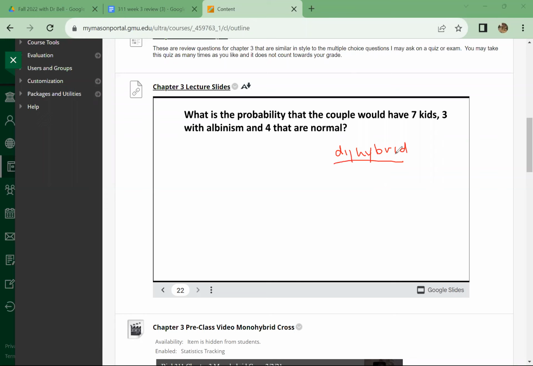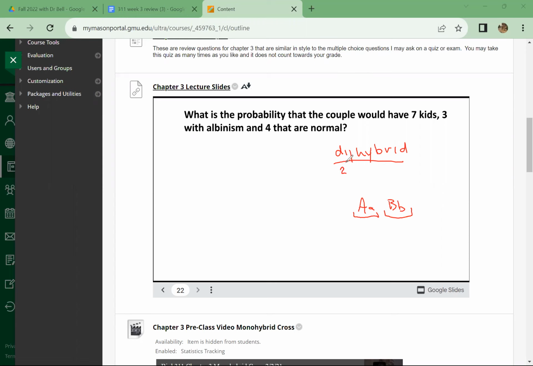So a dihybrid refers to, you know, hybrid, two different things like a heterozygote. It's a hybrid between a dominant allele and a recessive allele. And we have two of them. We have this hybrid and this hybrid.